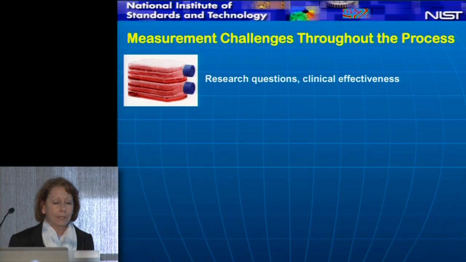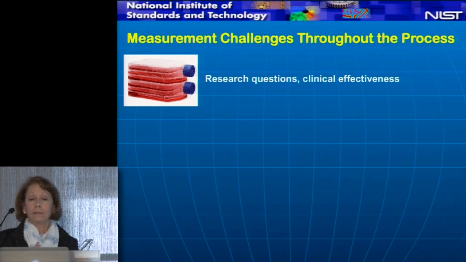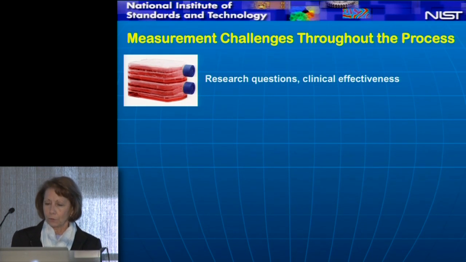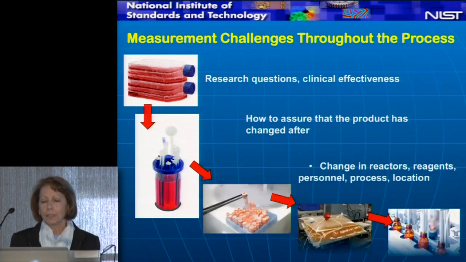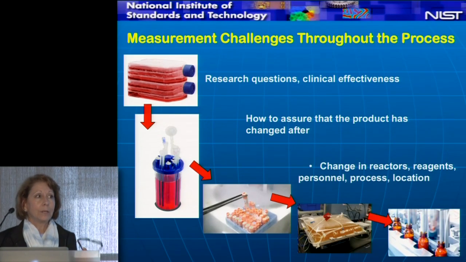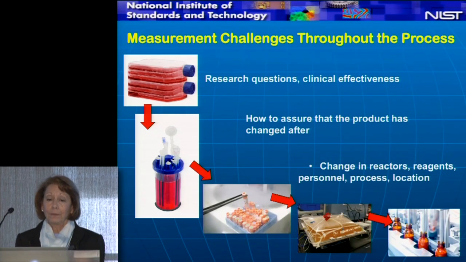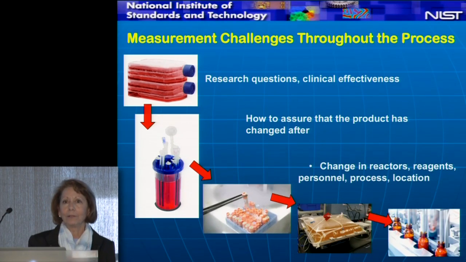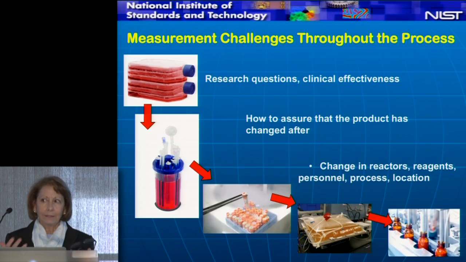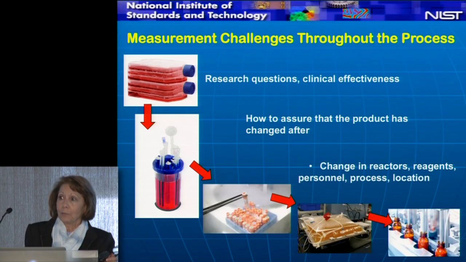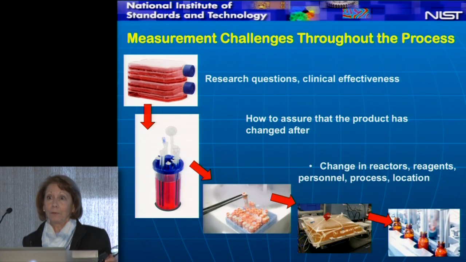It of course starts at this scale with respect to research questions. And maybe you have an animal model that you try some things out in. But one of the things that gets really tricky very early on, when people start thinking about creating products and going into a manufacturing situation, is that there are a lot of changes that go on in the process. A lot of people start out in flasks, and they have some good science and good ideas that they think perhaps could reach the clinic, but they often don't think about what that process is going to be very early on.